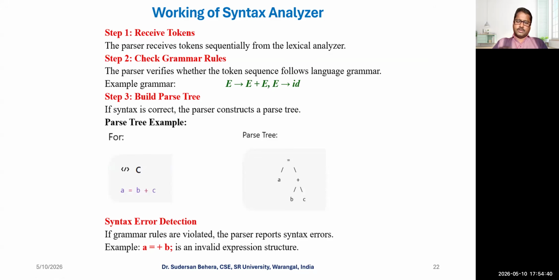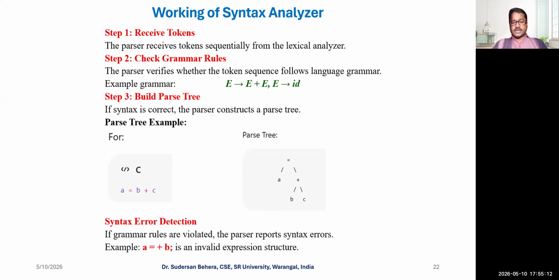That arrow mark is pronounced as derives, or you can read it as E is in the form of E plus E. Next, E is in the form of id. So that arrow mark indicates derives, or in the form of.